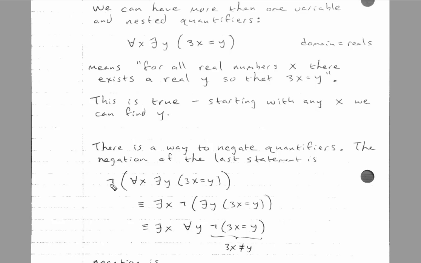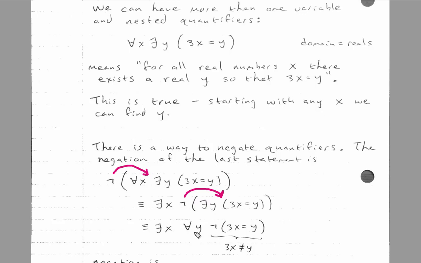If you negate a for all, it becomes a there exists, and the not moves inside. If you negate an existence, it switches to a for all, and the not moves inside. So the quantifiers just switch.